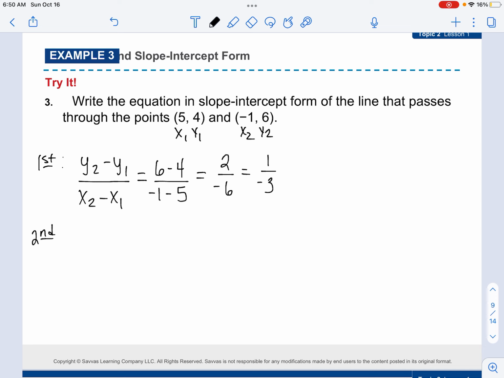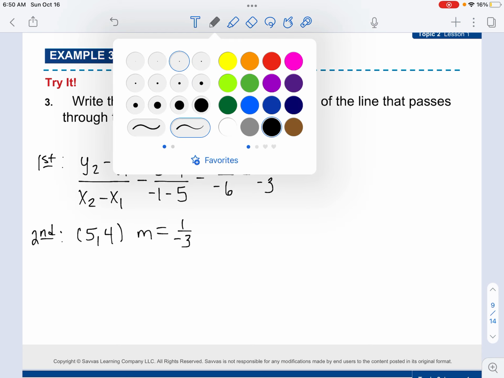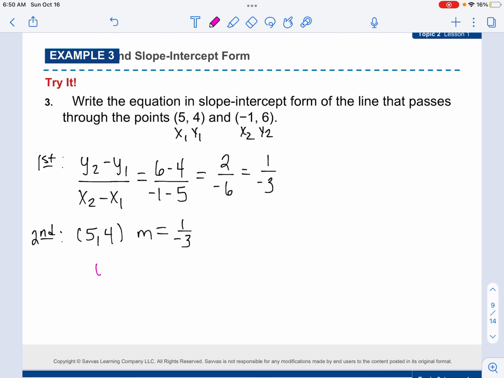The second part is the tricky part. You're going to choose one of the points. I like to use the positive point in the slope. You're going to substitute into the slope-intercept form for an equation and solve.